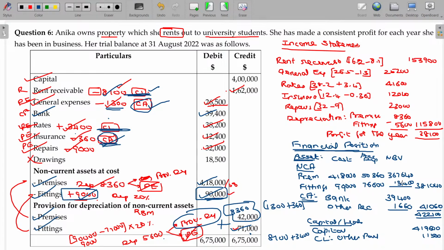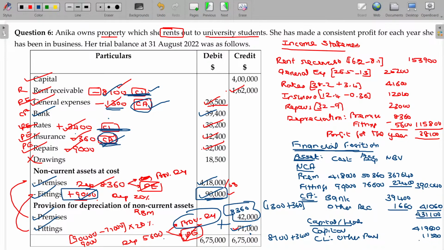So if I add the 9,000, this value becomes 22,400 and this value becomes 3,90,000. Then overall value being 3,90,040 plus 41,060, 4,31,100.